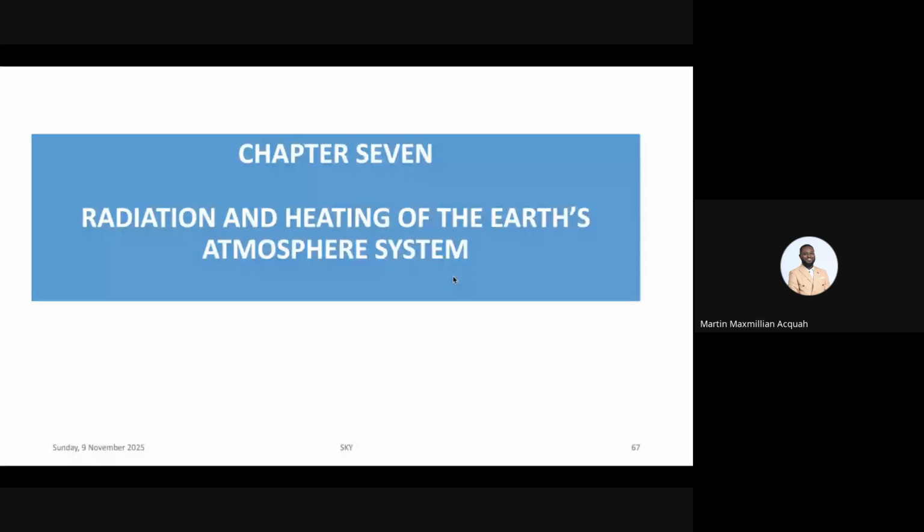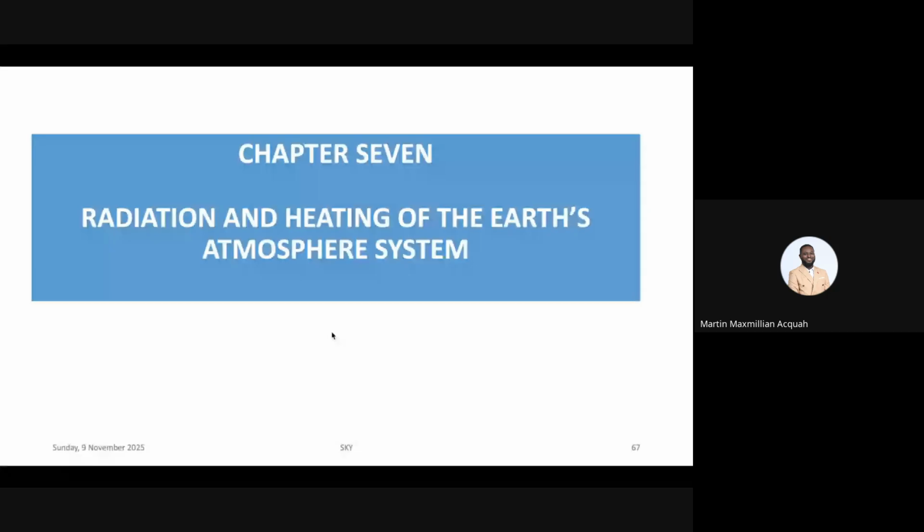So that is one importance of aerosols. Another one is that aerosols help in the prevention of a high amount of sunshine on the Earth's surface.